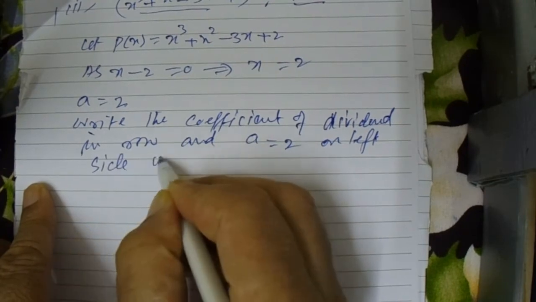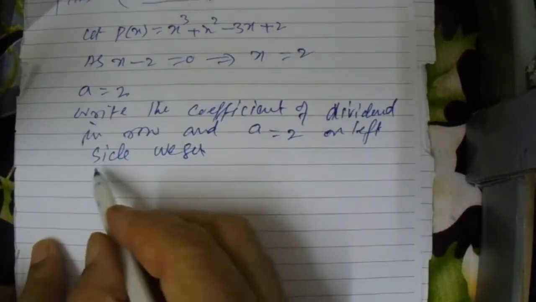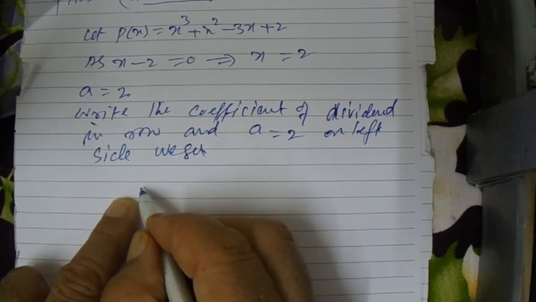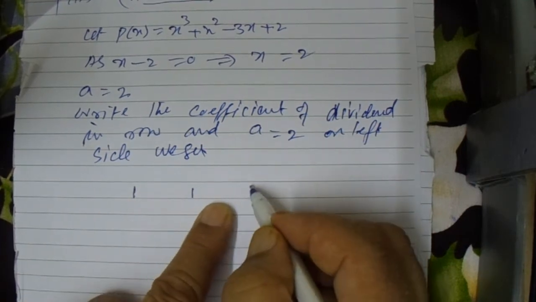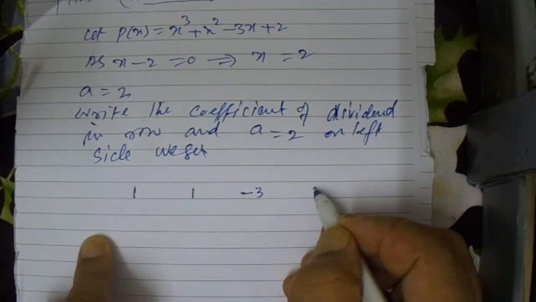We get this. Now right here, we write the coefficients: the first, x3, is 1, x square is also 1, the x coefficient is minus 3, and the constant term is 2.